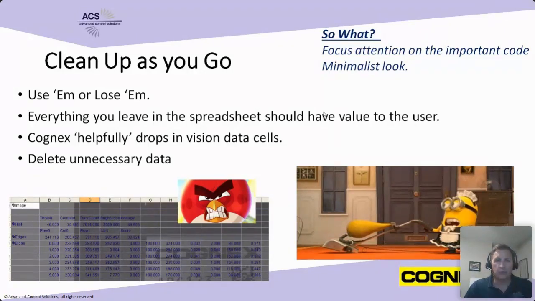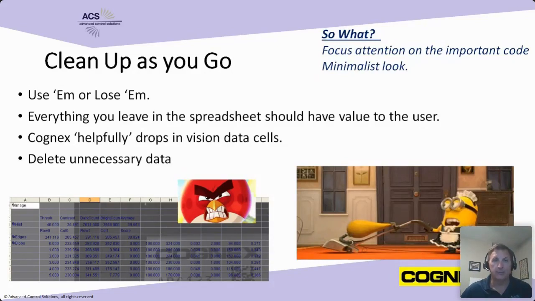So we're going to tell you that if you're going to do something in here, clean up what you don't need, and get rid of the stuff that's not valuable to the end user. Now, this may seem like it would take a lot of time as you're doing your application development, but to be honest, I think it slows me down a little bit and lets me think about what I'm trying to accomplish and how I'm going to accomplish it. I need this, I don't need that.